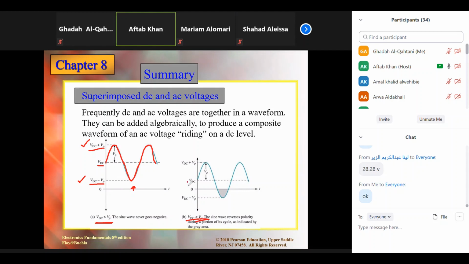Because VDC is small compared to VP, some portion of the waveform will be under the 0 axis. So this is the formula to find the maximum and minimum values: VDC plus V peak and VDC minus V peak. We can see here the shaded portion is under the 0 value because VDC this time is less than VP. Clear on this point?